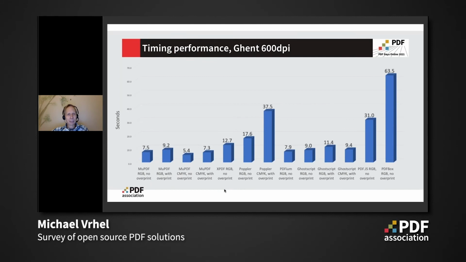What we see here with the timing performance is that pretty much all the native methods are running quite similarly. When I say native methods, I mean those not run on a virtual machine, like pdf.js and PDFBox. The exception is that Poppler CMYK was taking quite a bit longer on the Ghent test.